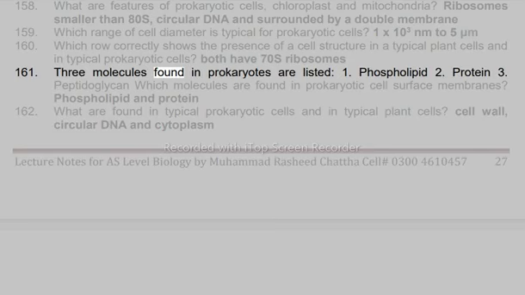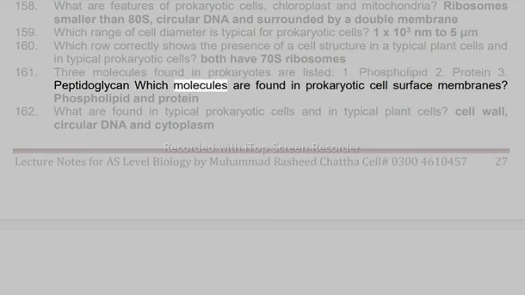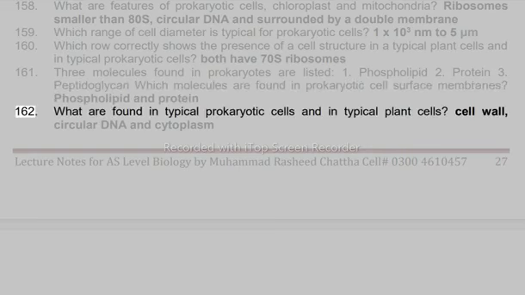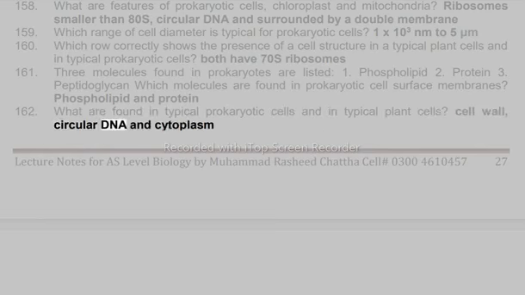Three molecules found in prokaryotes are listed: 1. Phospholipid, 2. Protein, 3. Peptidoglycan. Which molecules are found in prokaryotic cells' surface membranes? Phospholipid and protein. 162. What are found in typical prokaryotic cells and in typical plant cells? Cell wall, circular DNA and cytoplasm.